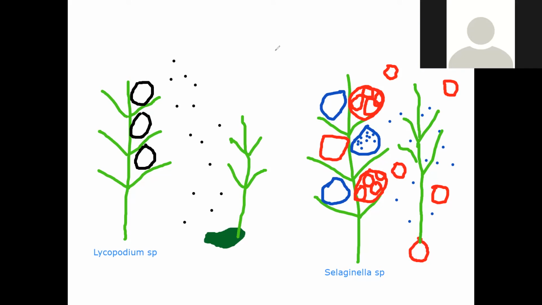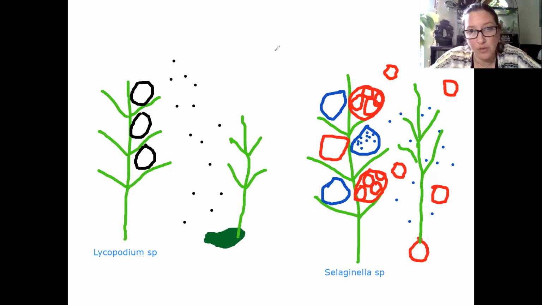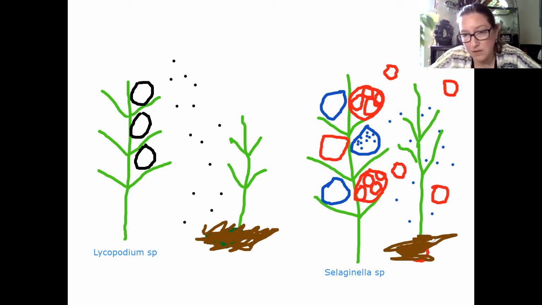And because the sporophyte is dominant in both of these, eventually the gametophyte plant, this is dirt, is just going to go away because the sporophyte plant doesn't need it, right? And likewise, eventually this will just decompose because the sporophyte plants are independent and they don't need it anymore.